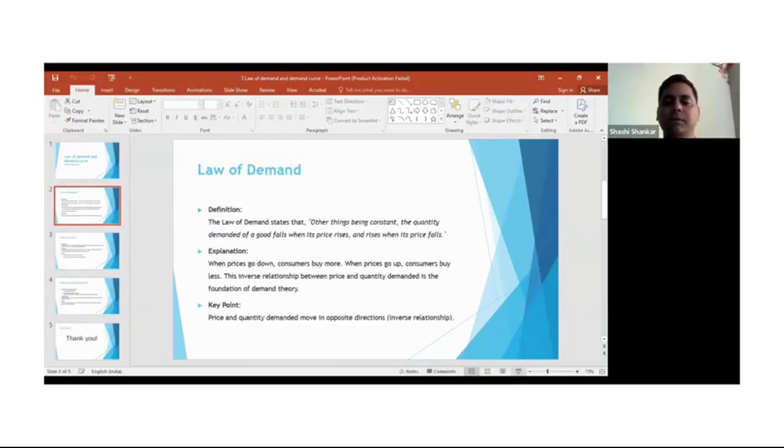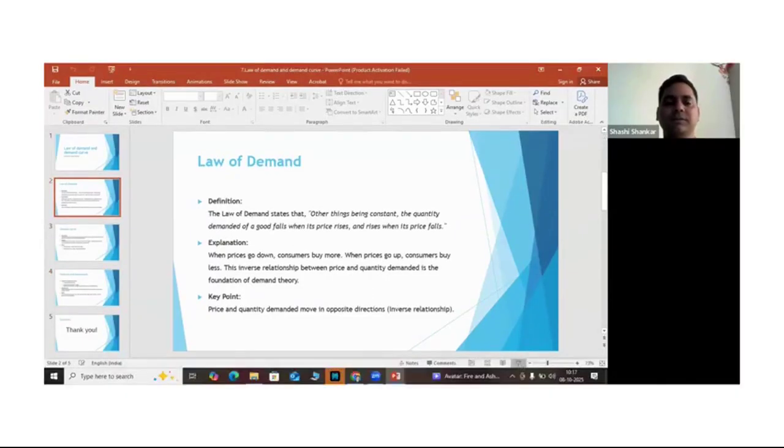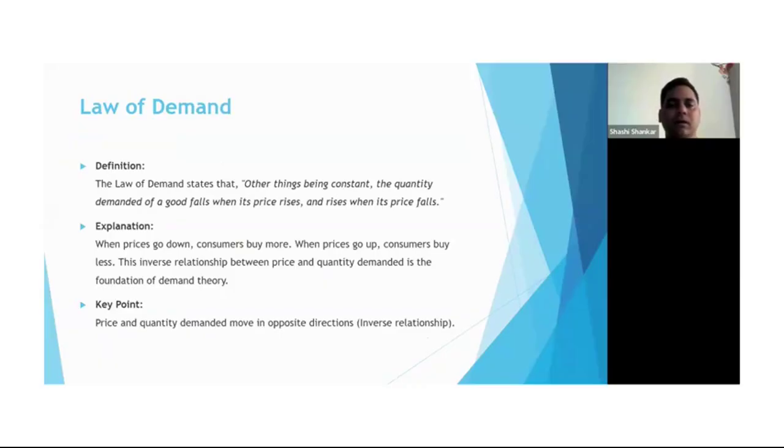The law of demand states that, ceteris paribus, I mean, other things being constant, the quantity demanded of a good falls when its price rises and rises when its price falls. So here, the constant is other things being constant.